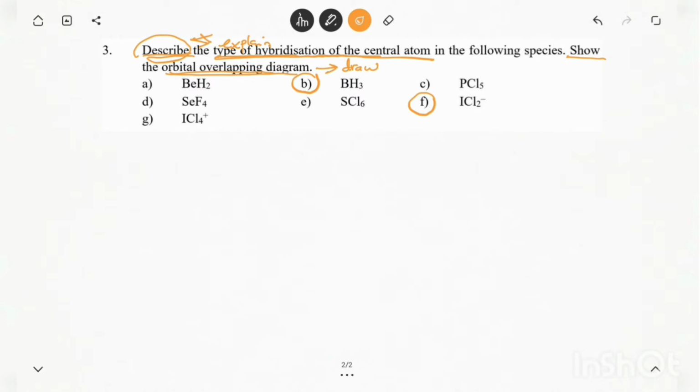To describe the type of hybridization, first we need to draw the Lewis structure of BH3. The total number of valence electrons is 6. Draw the Lewis structure with boron as the central atom bonded to 3 hydrogen atoms.